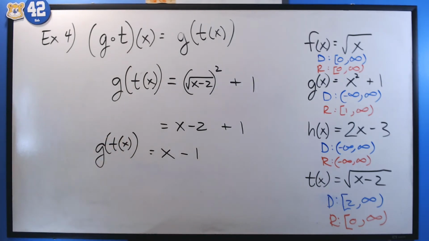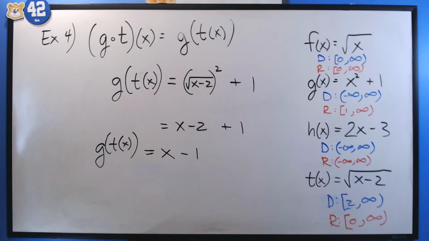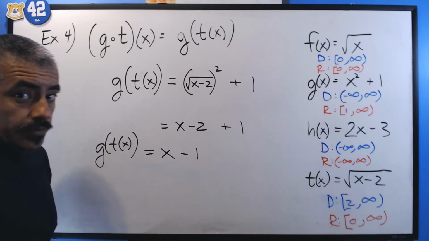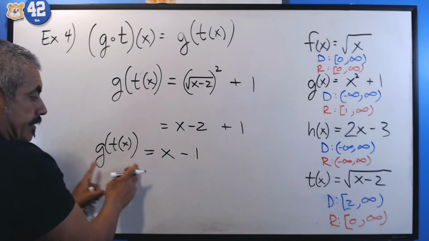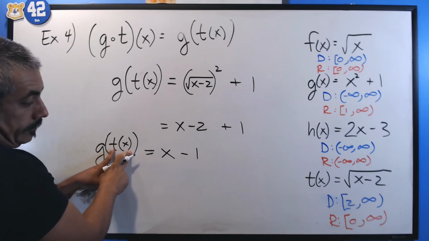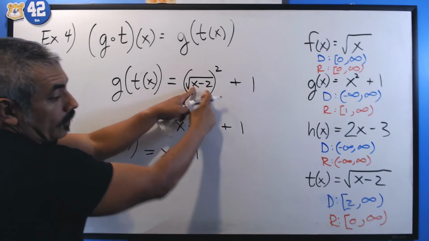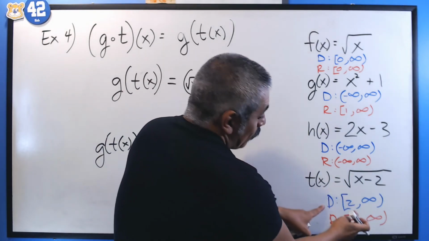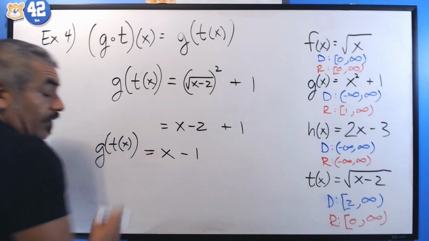Now, if we look at this function, it looks like a line. So it would be very easy for us to say, oh, the domain is all real numbers and the range is all real numbers. But this is actually a composition of functions. So we still have to take into consideration the domain of t. And because t is an innermost function, we have to look at t and say, well, no. The smallest value I can plug into this function is 2.